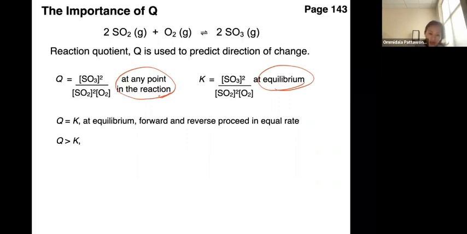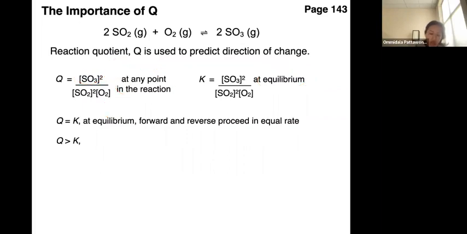When Q is greater than K, as I mentioned before, you are looking at the ratio of product over reactant. When Q has a greater value than K, it indicates that at this point of the reaction, you have more of the product, because you have more of the numerator than the denominator. So you are going to end up with a big value.